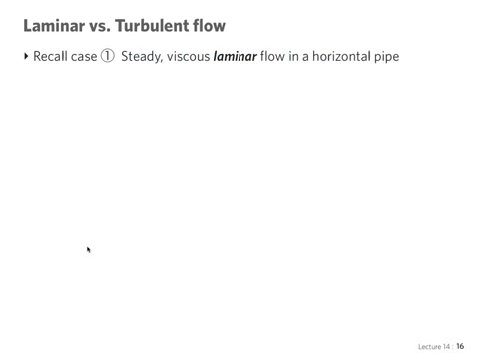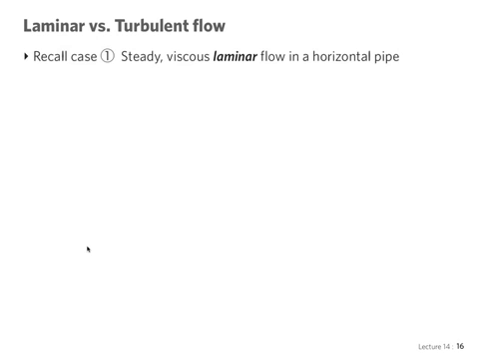The first concept, if you recall, the first case that we showed, was titled steady viscous laminar flow in a horizontal pipe. So what does that mean? Just to be sure that we understand that, the difference between laminar and turbulent flow. Let's discuss this for a little bit.